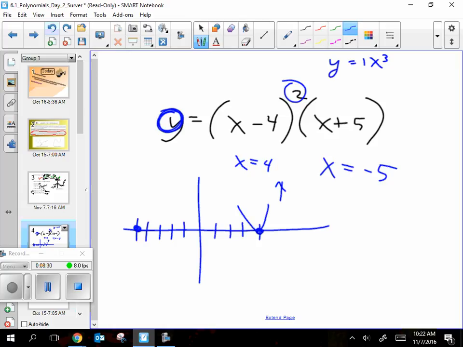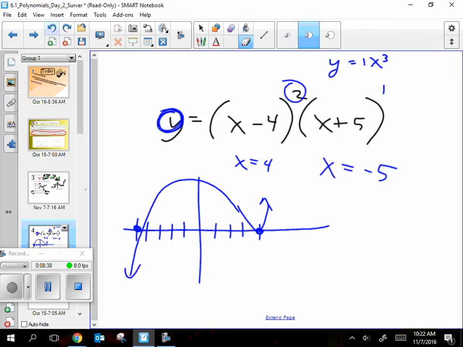Okay, and then this one has a power of 1, which means it's a cut through. So that means it just goes straight down through that. And there we go. We got it going up on the right, down on the left. We know our y-intercept is some positive number. In fact, it probably goes way higher than this, but we've got a positive y-intercept at least. That's a sketch of this graph.